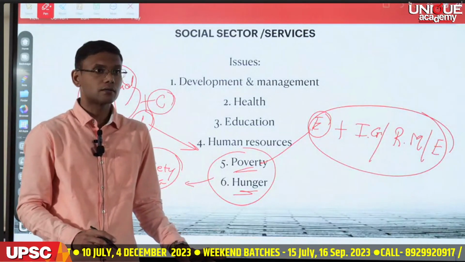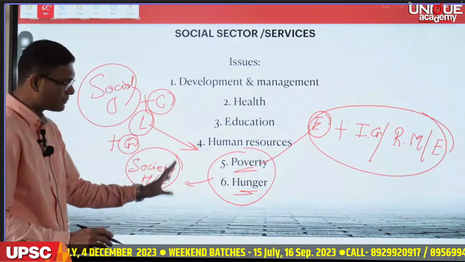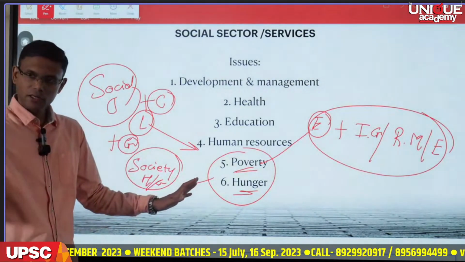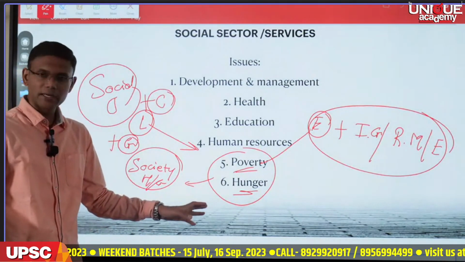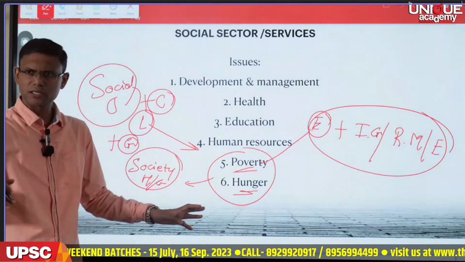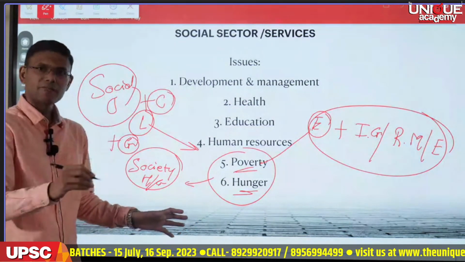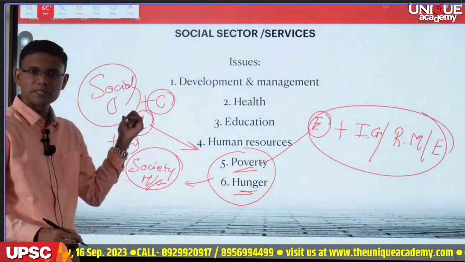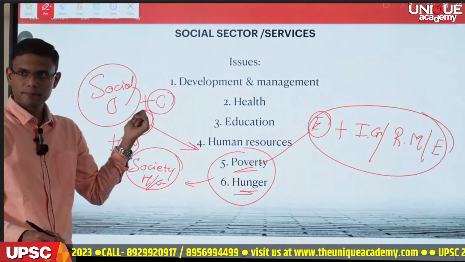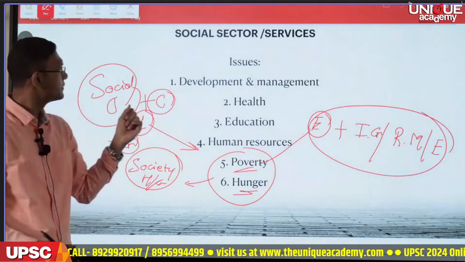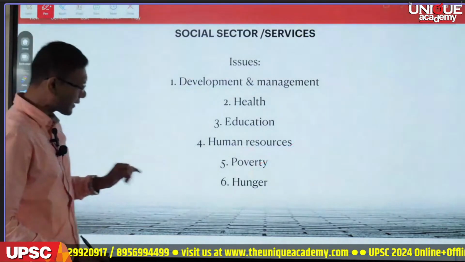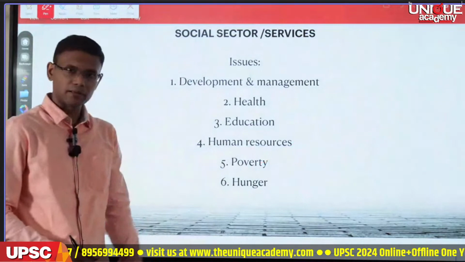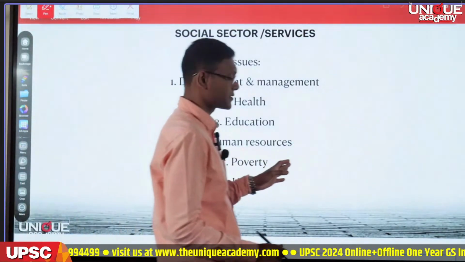So everybody, you will have to keep that ready. And then whatever comes in the newspaper pertaining to poverty, some poverty or hunger index, just keep that fact ready, which you can use in paper 1, paper 3, and paper 2. Clear, everybody?